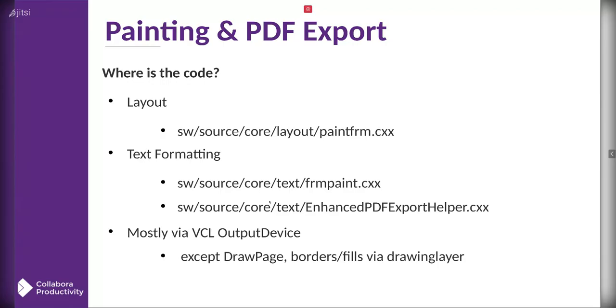And there are some additional things being put into the metafile and attached to the side of it somehow in a rather hacky way. And all of this stuff is in the file text enhanced PDF export helper.cxx. And that way you get things like a table of contents and a structure tree for accessibility in the PDF. Yeah, and all of that stuff is also generated during the painting.